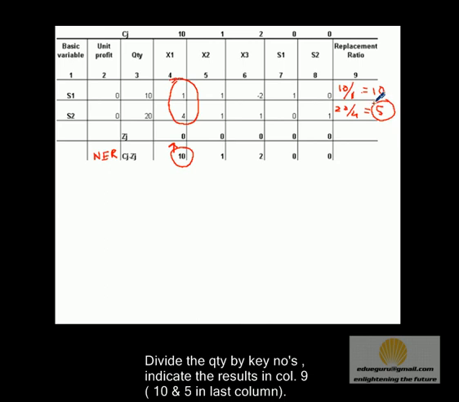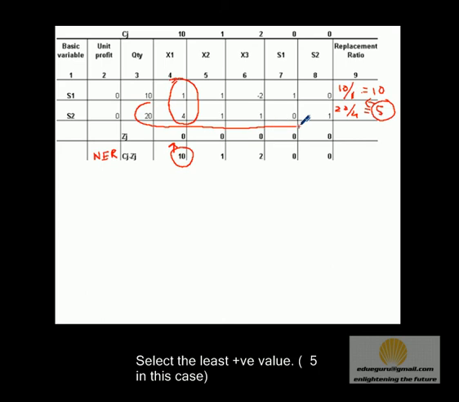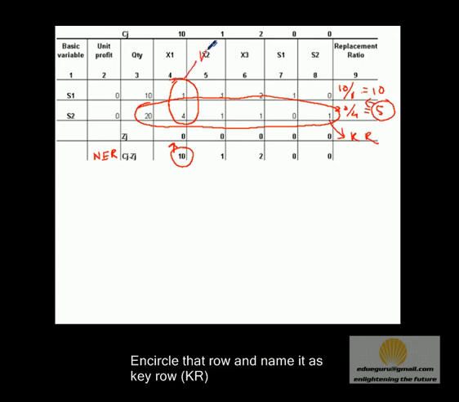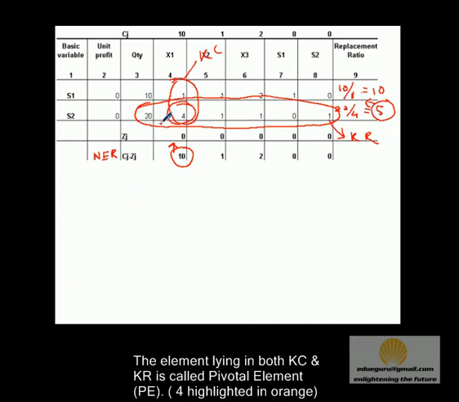Select the least of these and encircle the row; we'll call it the key row. This is the key column, and this particular cell is called the pivotal element.